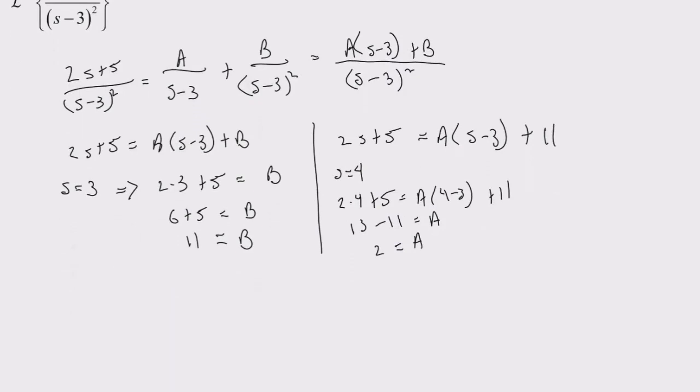Okay, so then let's convert that back into our fraction. So our Laplace inverse is going to be 2 over s minus 3 plus Laplace inverse of 11 over s minus 3 squared.